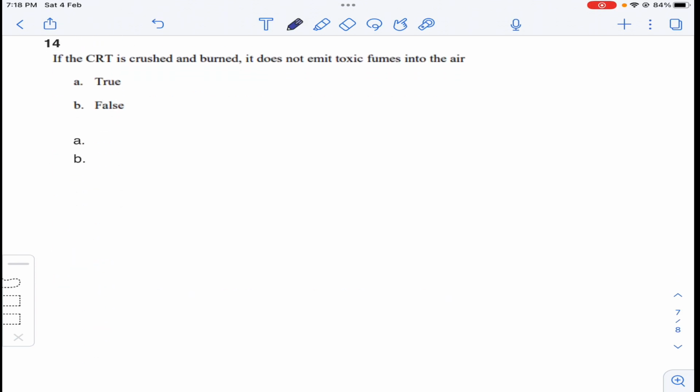Coming to 14th question. If the CRT is crushed and burned, it does not emit toxic fumes into the air. CRT means cathode ray tubes.